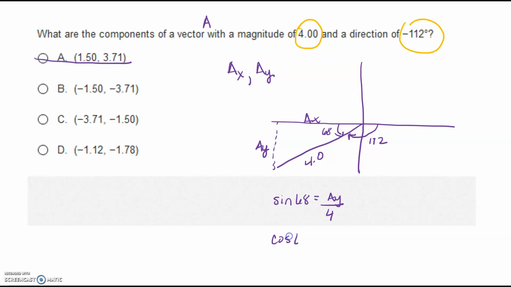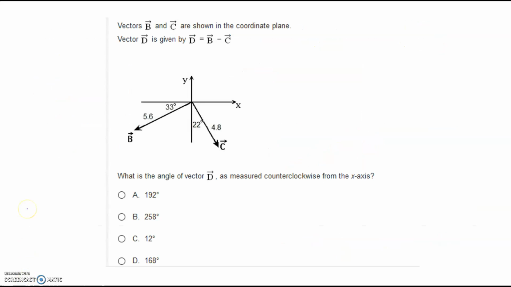And if I do the cosine of 68, I'll do AX over 4. And I get that AY is equal to negative 3.71 and AX is equal to negative 1.49. So this should be X and Y. This is it. Okay. Wait a minute. Here we go. Okay. All right.